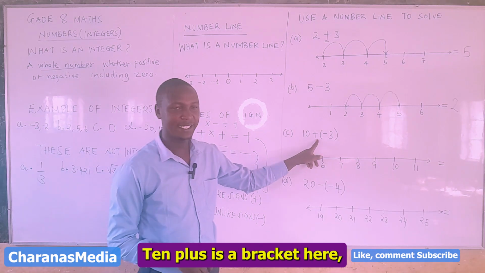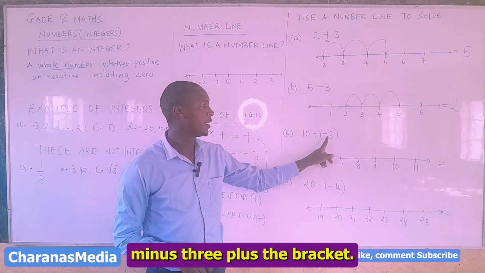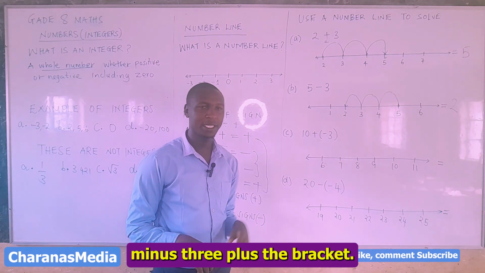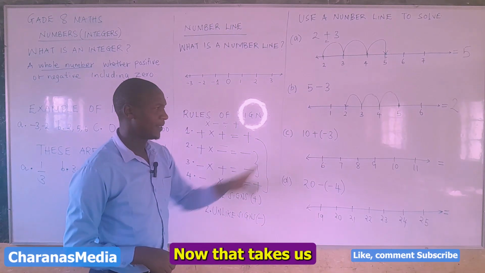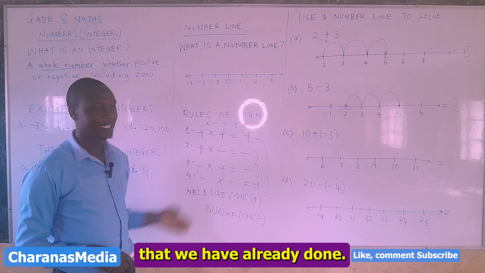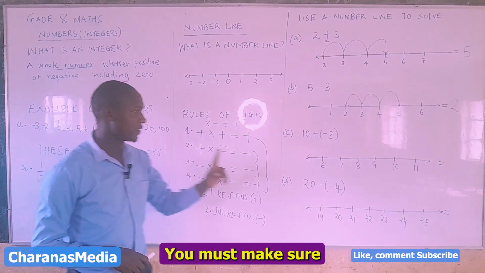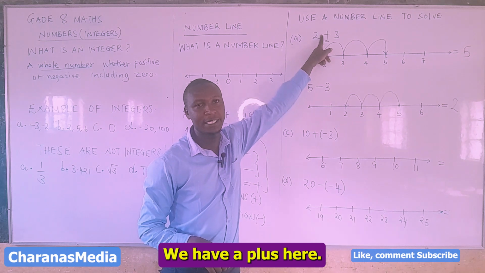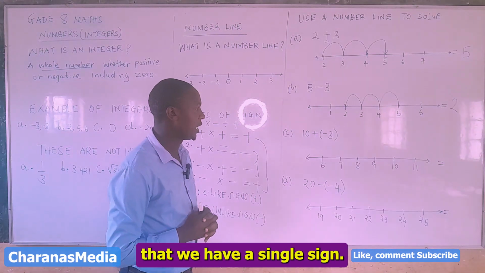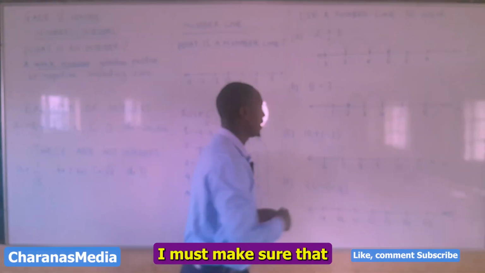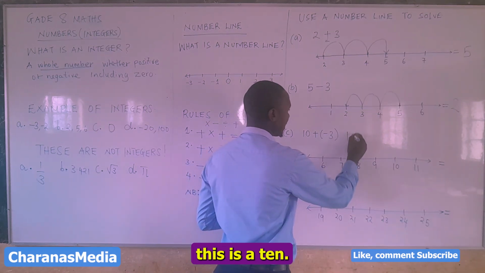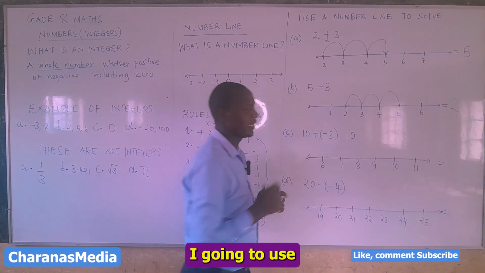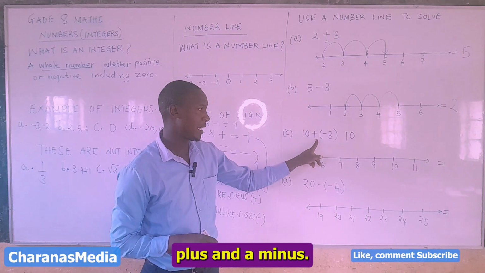So the third example is a bit interesting. 10 plus, there's a bracket here, minus 3, close the bracket. So what does that mean? Now that takes us to the rules of signs that we have already done. You must make sure that you have a single sign, just like we have a minus, just like we have a plus here. So in this case, I must make sure that this is a 10. Now, which sign am I going to use? Because I have 2 signs, plus and a minus.